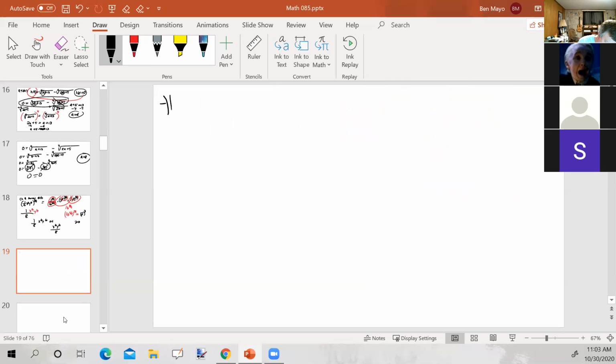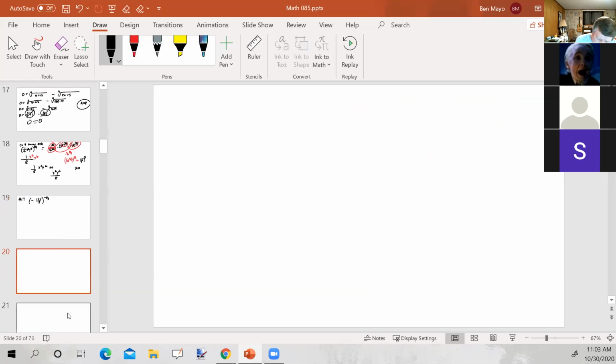Still a chapter review. This is number 17. Simplify the expression. We have negative 125 over 8 to the negative 4/3 power. Okay, let me ask you this for a minute. What's the reciprocal of negative 2/3? Negative 3 over 2.